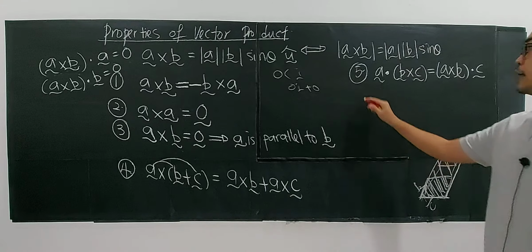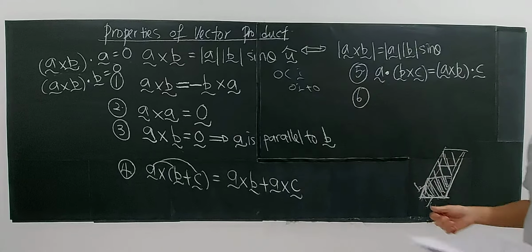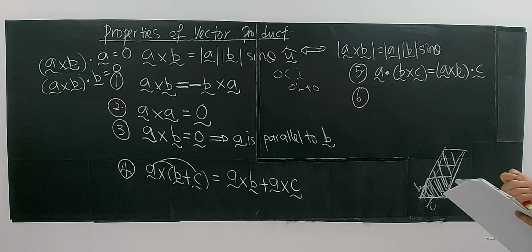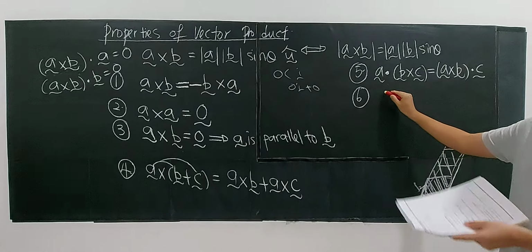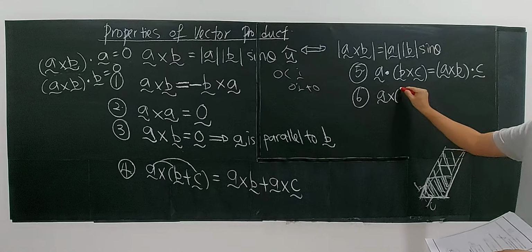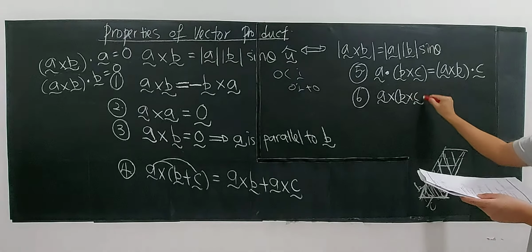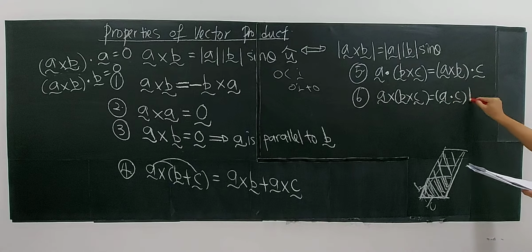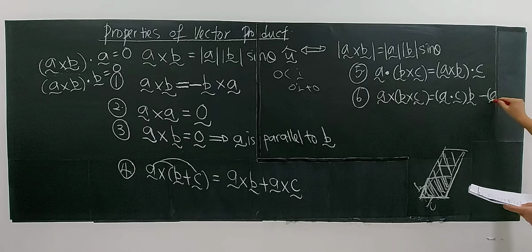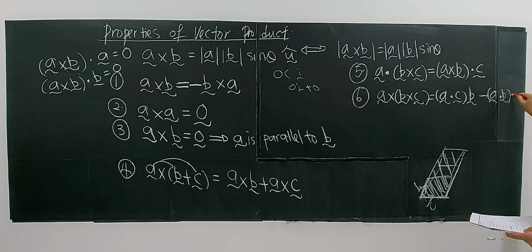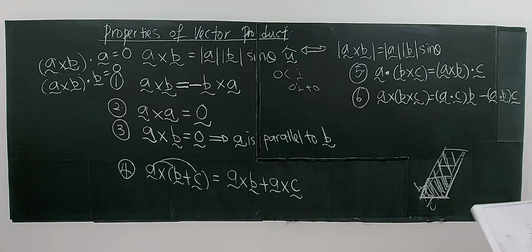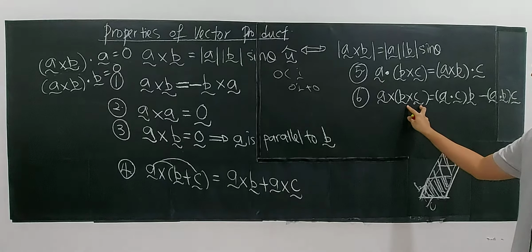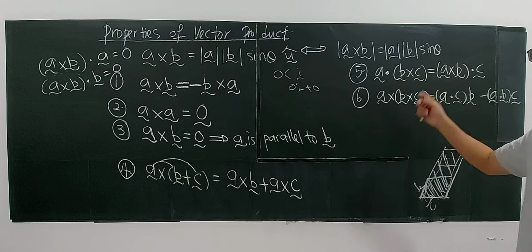Another one, this is least important, and it's complicated to prove, but just for your knowledge, you have another property: A cross B cross C is the same as A dot C times B minus A dot B times C, right? A cross B cross C will definitely produce another vector.